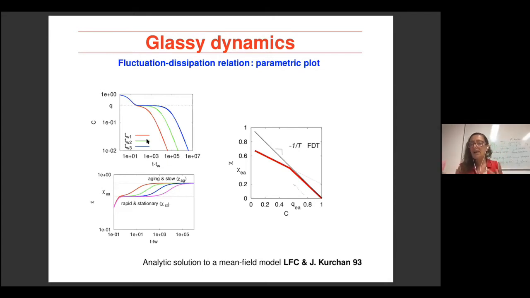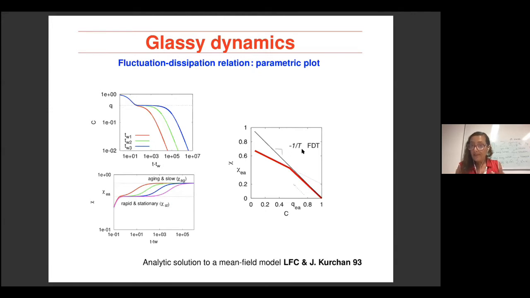They are related by the fluctuation dissipation theorem, which basically says that if you make a parametric plot where you plot chi against C for a given waiting time, using t minus the waiting time as the parameter to make the construction, you should get a straight line with slope given by -1 over the temperature of the bath, or the temperature at which the system is in equilibrium.